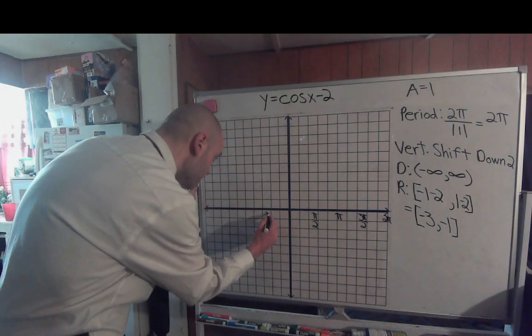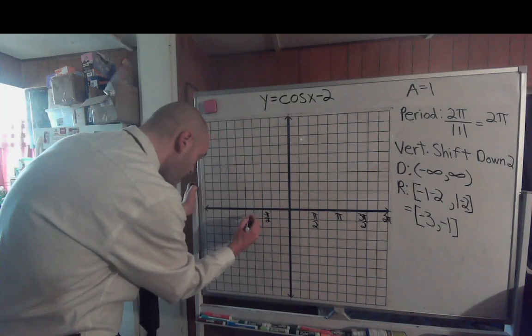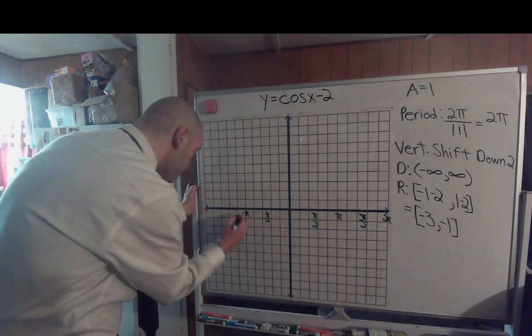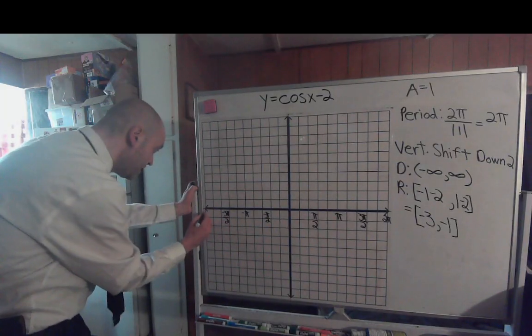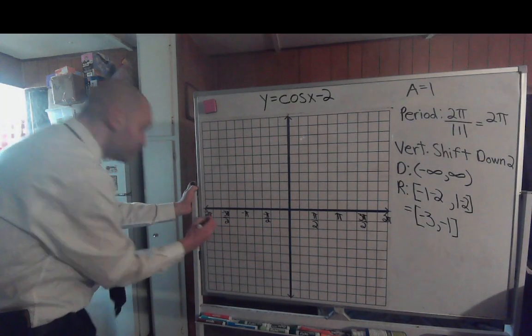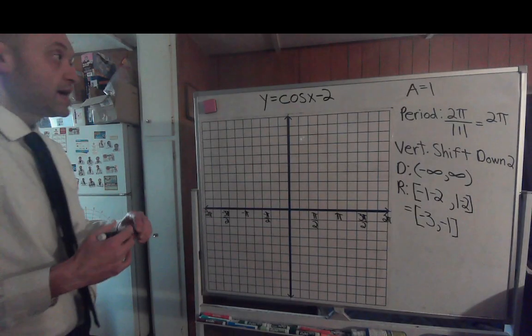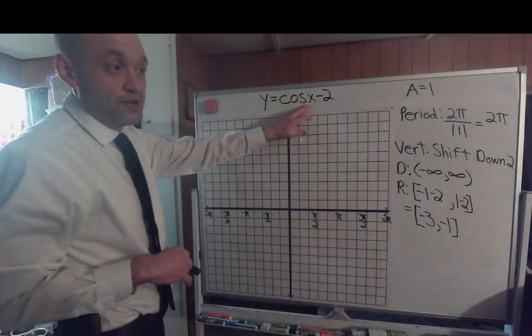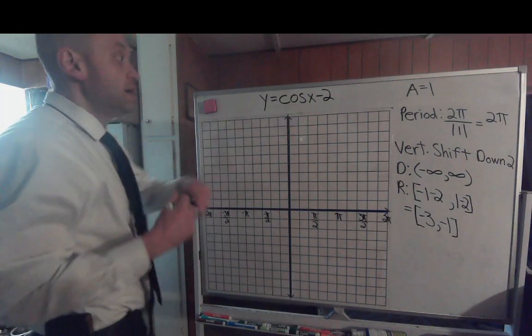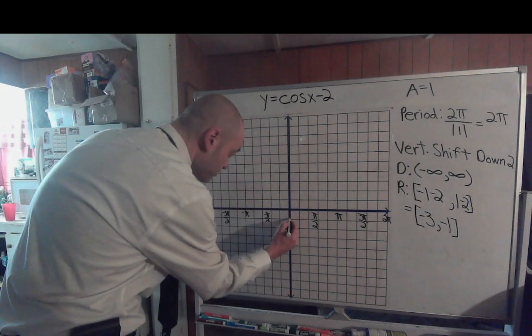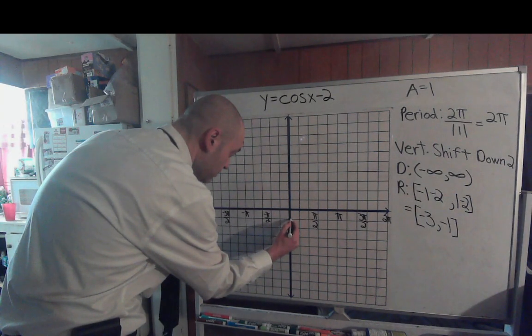Negative pi over 2, negative pi, negative 3 pi over 2, and negative 2 pi. Again, we want to show 2 periods worth. Okay. Now, what's the cosine of 0 normally? It's 1, right? But what's 1 minus 2? That's negative 1. So we'll actually be at the point 0, negative 1 when we're there.